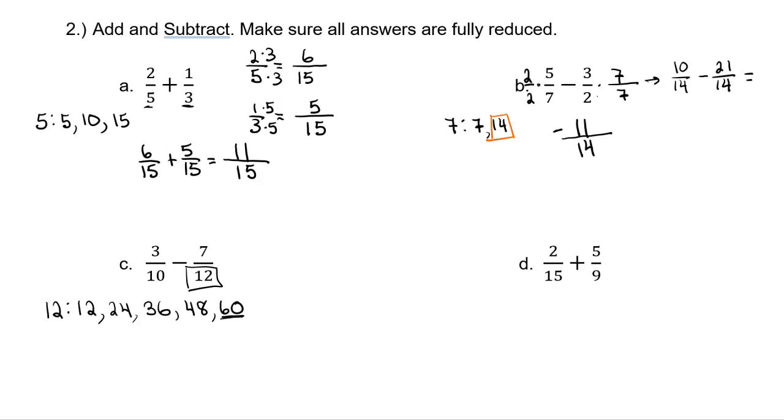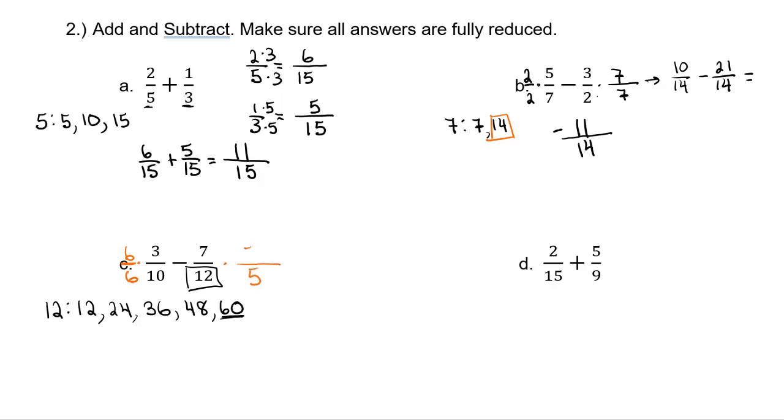All right, so I'm now going to show the process of changing the denominators so that they are 60. So I have 10 times 6 gives me 60. Whatever I do to the bottom, I have to do to the top. 12 times 5 gives me 60.